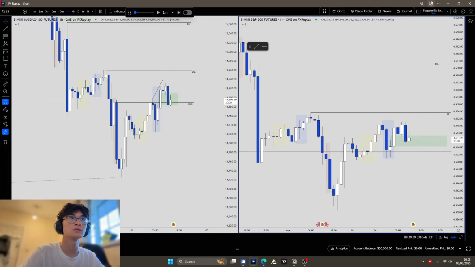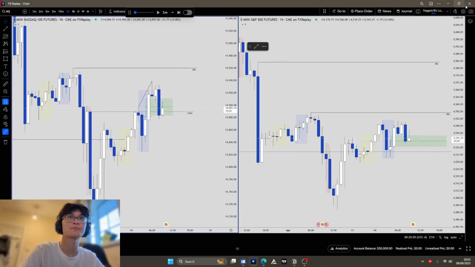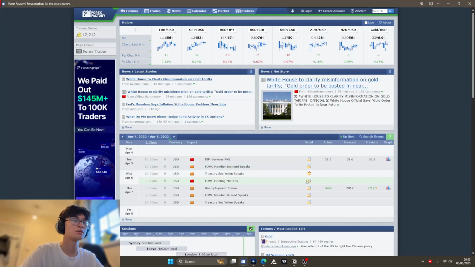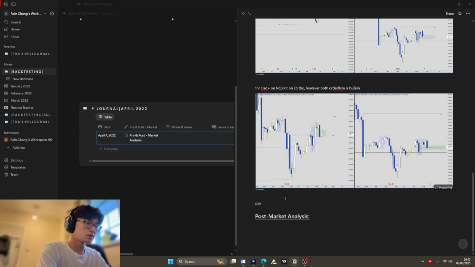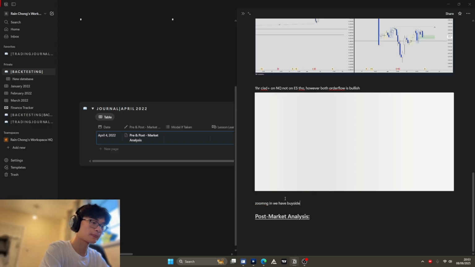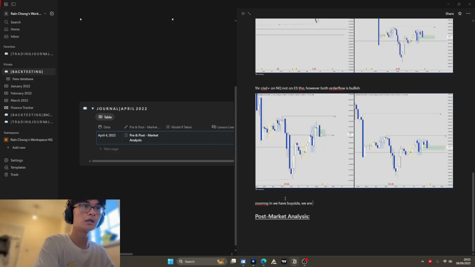Now zooming in, we have this buy side up there. Oh, oopsie. Zooming in, we have buy side. We are inside a bullish rally gap on both NQ and ES.